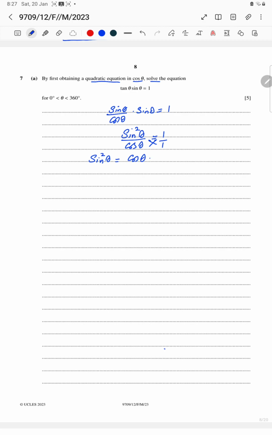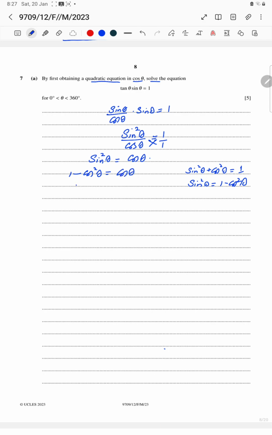Now as we require the quadratic equation in cos theta only, for sine square theta, we know the identities from the past lesson, we have discussed it. So sine square theta is equal to 1 minus cos square theta, so we can write 1 minus cos square theta equal to cos theta.